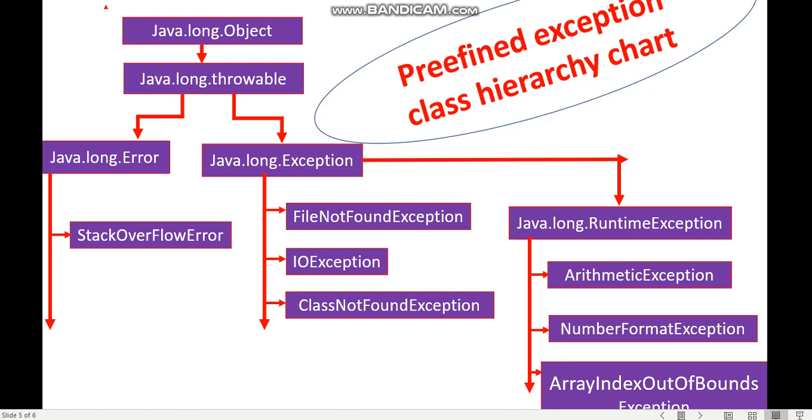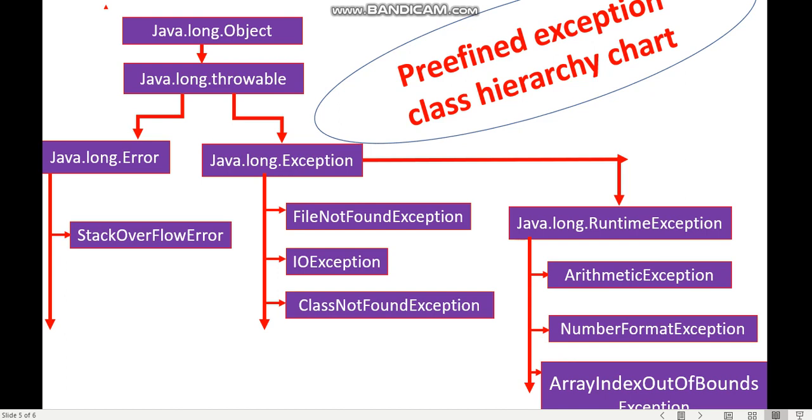Then java.lang.Exception is the superclass for all synchronous checked exceptions. And the next one is java.lang.RuntimeException, the superclass for all synchronous unchecked exceptions. So this is about the predefined exception class hierarchy.